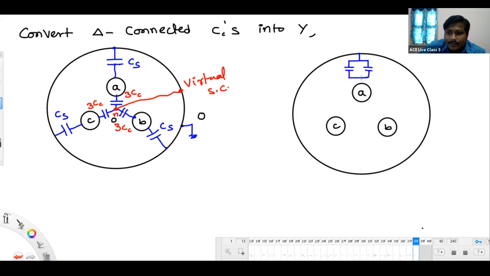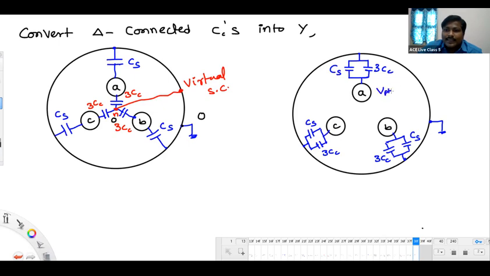And here also, CS and 3 CC in parallel. And here also, CS and 3 CC in parallel. And this is the sheath, which is connected to ground.